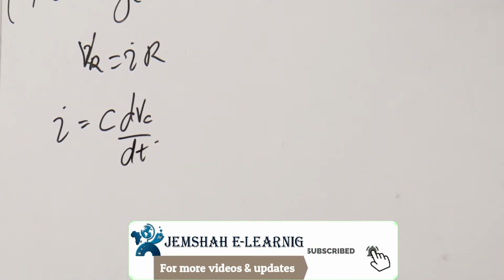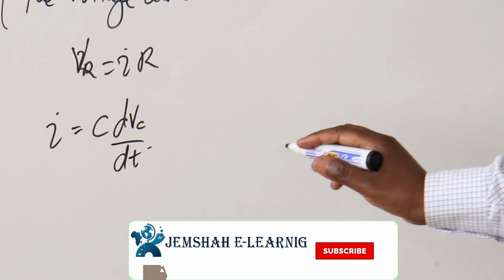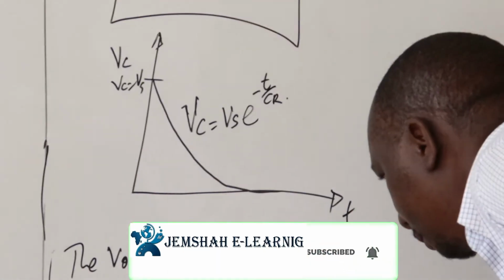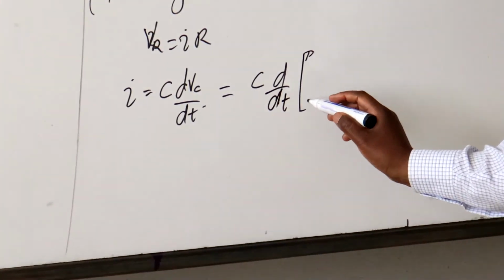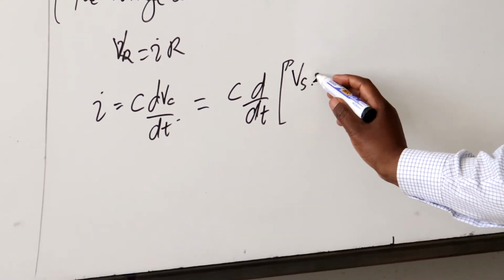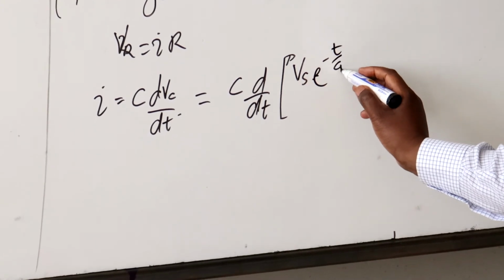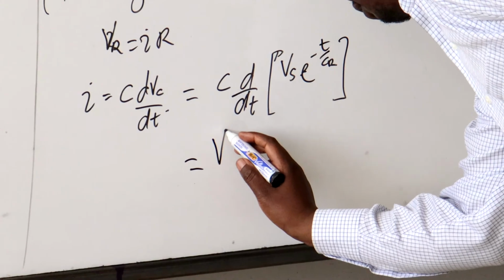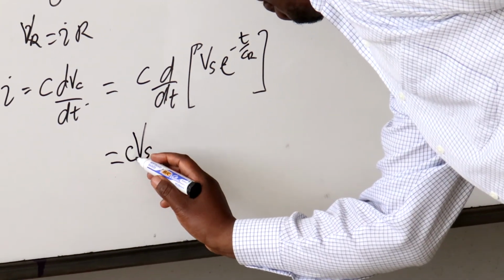But VC is given by this, which means I is C d/dt of Vs e to the minus t over CR.